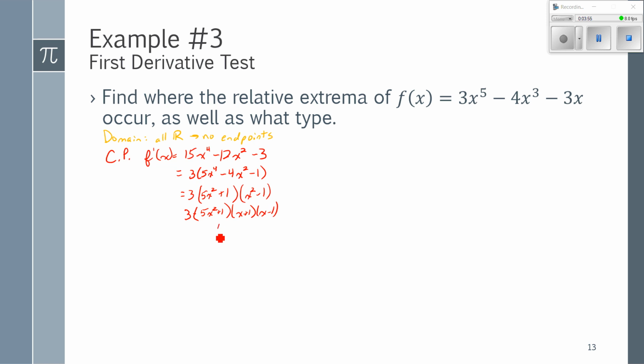So I need to know, is this ever undefined? Well, my derivative is a polynomial, so it is never undefined. And then I need to know, where is my first derivative equal to 0?